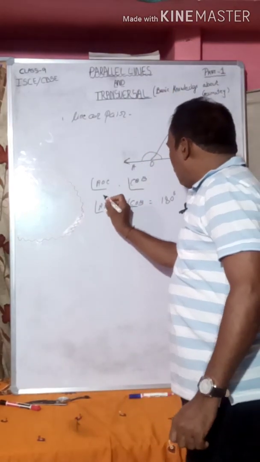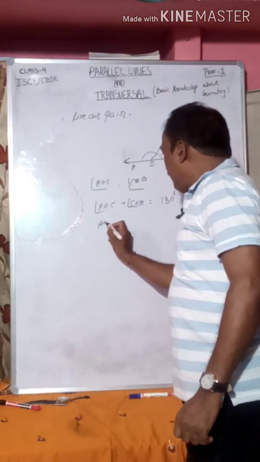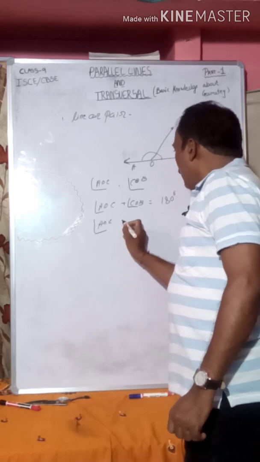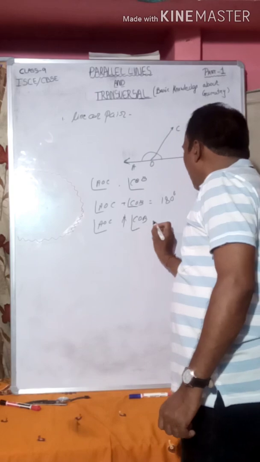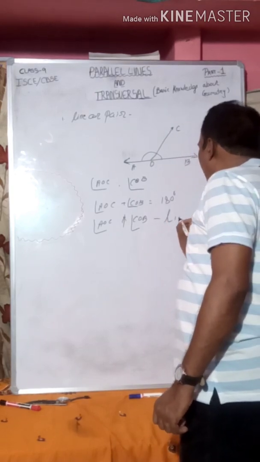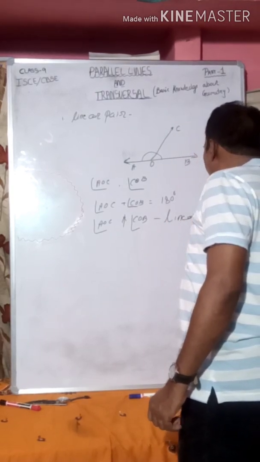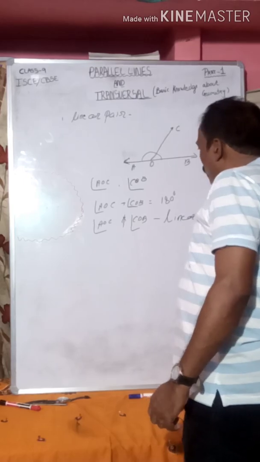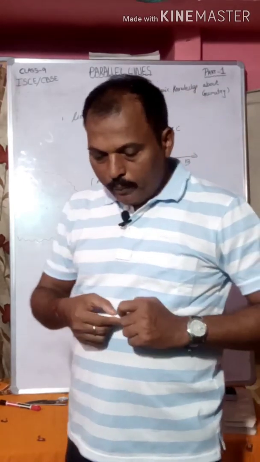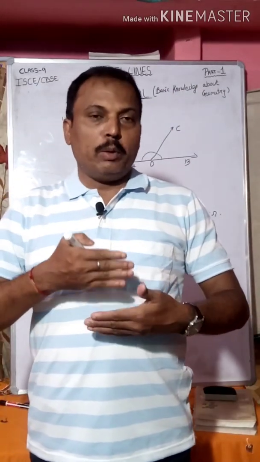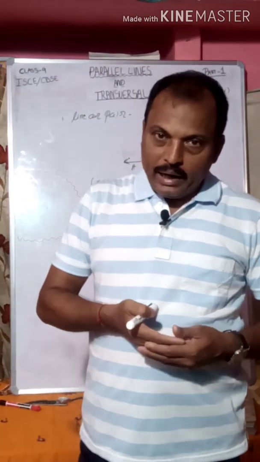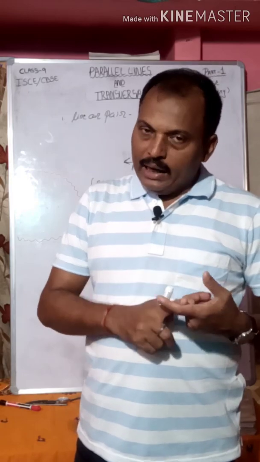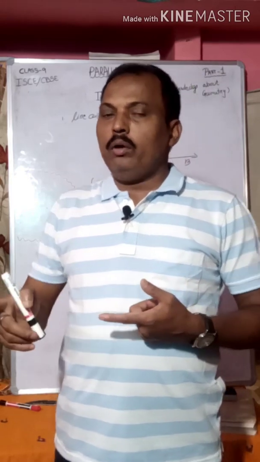So these two angles AOC and COB are called a linear pair. Also we learnt about supplementary and complementary angles. If the sum of two angles is 90 degrees, one angle is called complementary to the other.